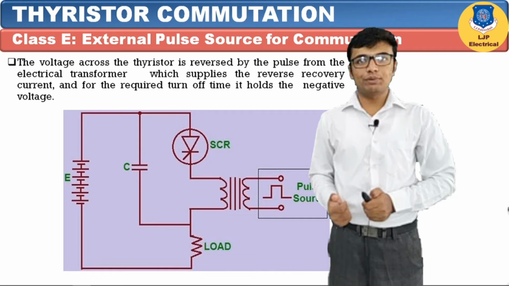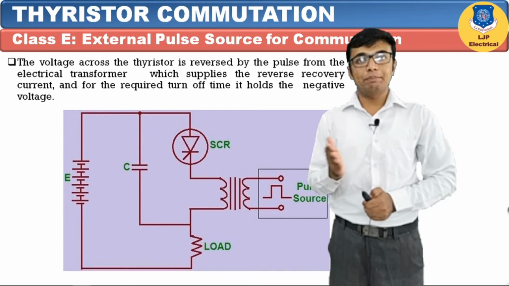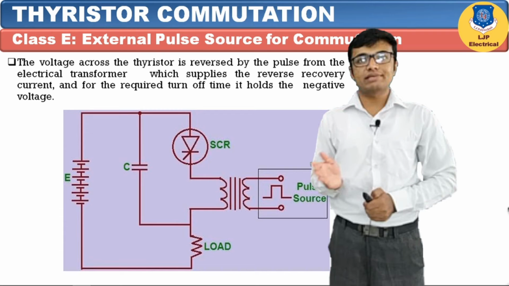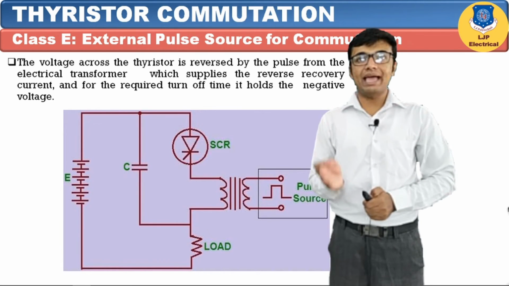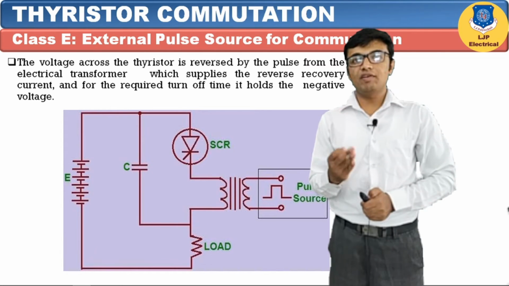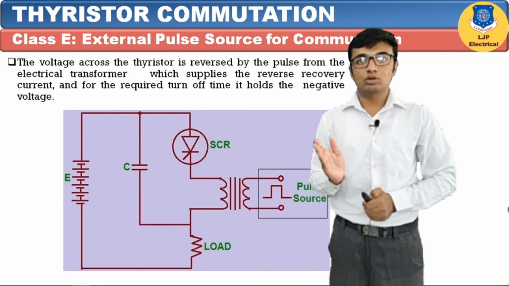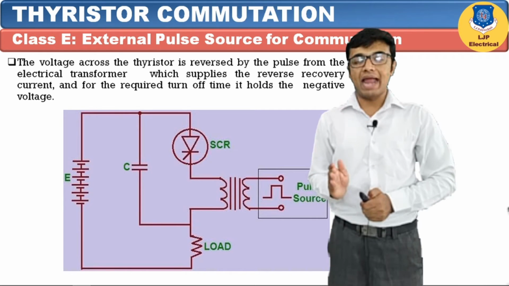This pulse transformer can be triggered from the external source. If you apply the pulse, then the pulse will transfer from primary to secondary. So it will trigger the SCR such that the cathode of the SCR is connected with the negative source, and the current will flow from the supply to the anode, to the SCR, to the cathode, to the pulse transformer and to the load.